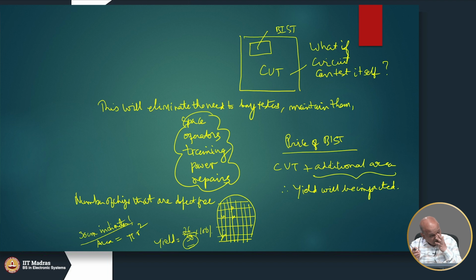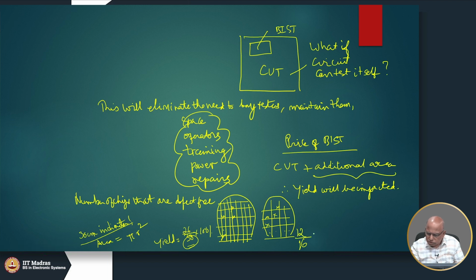Whereas if I took the same wafer and now my chips are bigger, I may still lose the same number of chips for the defect ones. So let us say we lost 4 chips because of defects, but now how many chips are made? Maybe only 16 chips are made, and out of them 4 are gone.